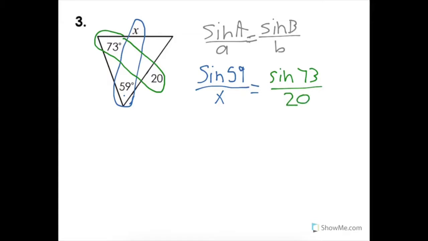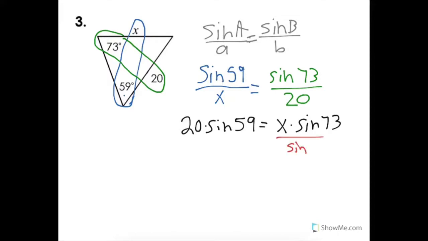And then you can cross multiply. So this would look like 20 times the sine of 59 is equal to x times the sine of 73. Now we have to get x by itself. So we'll divide by sine of 73 to both sides.